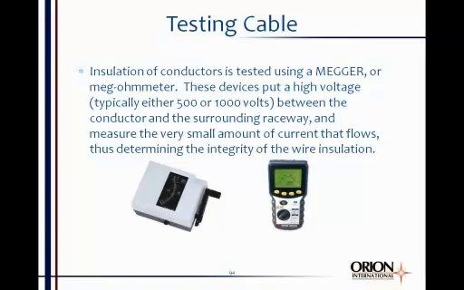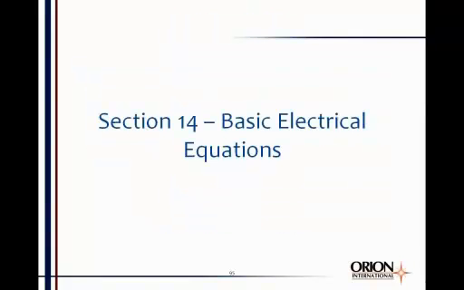And then it does an Ohm's law calculation to determine how many megohms of resistance, times 10 to the 6th ohms of resistance, there are between the conductor and its raceway. Okay, so that's how you test conductors using a megger. All right? Have to be real careful with meggers too, because 500 volts or 1,000 volts can be very harmful to you. So always make certain that you use voltage-rated gloves whenever you use meggers.